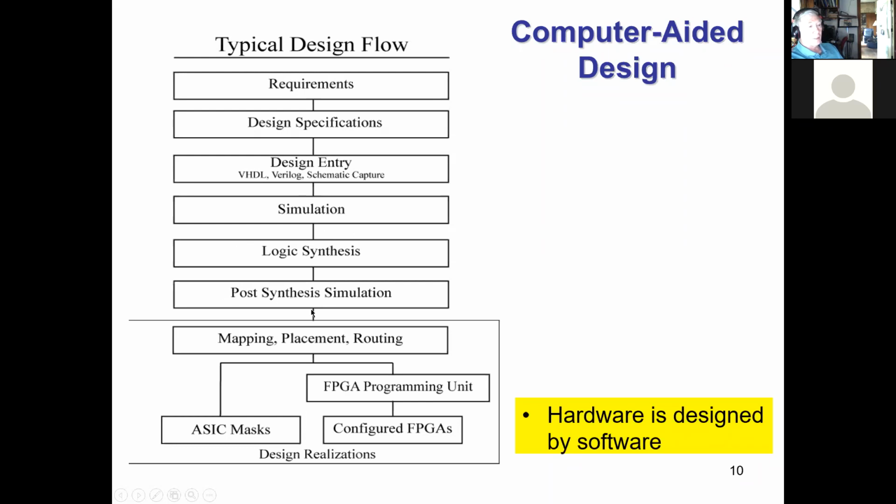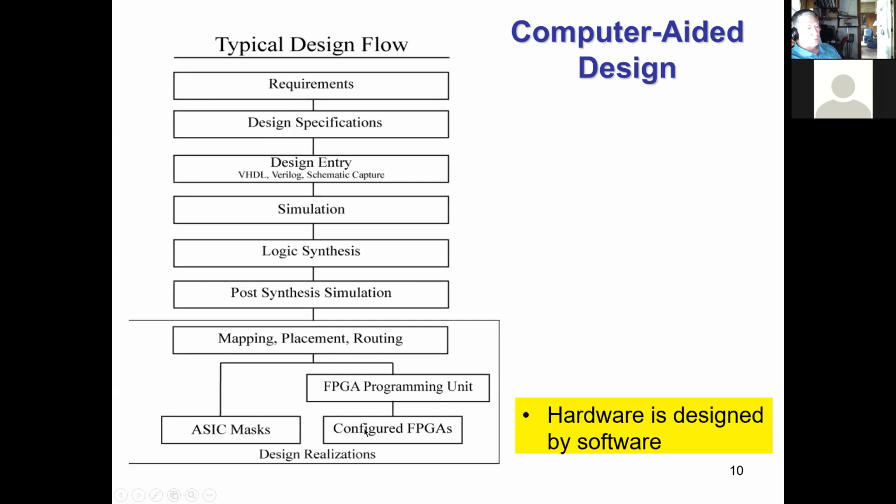And then we'll simulate that net list, which is pretty close to the hardware, to make sure that now that it's been synthesized, it still simulates correctly, because things can change. Timing constraints can cause hazards and other problems that we need to know about. And then once that's all done, now we go through the process of mapping, placement, and routing. Now, if we're going to use a new chip, we have pretty good control over that.